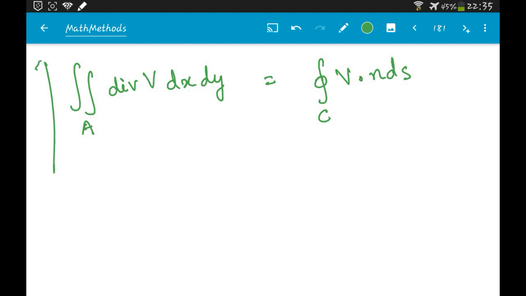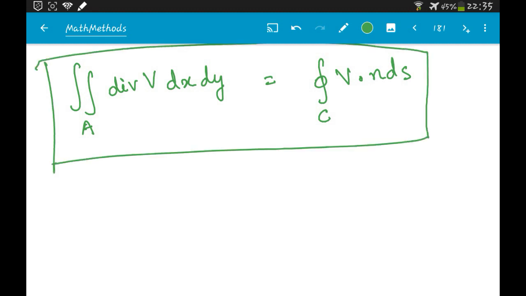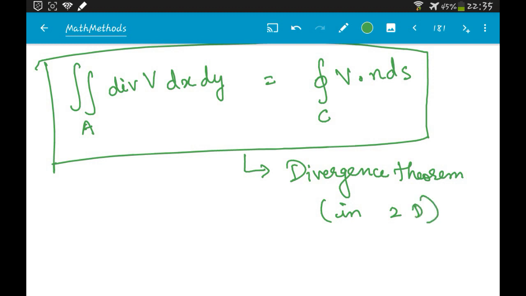Okay, so this is a formula known as the divergence theorem, and this divergence theorem formula is in 2 dimensions.